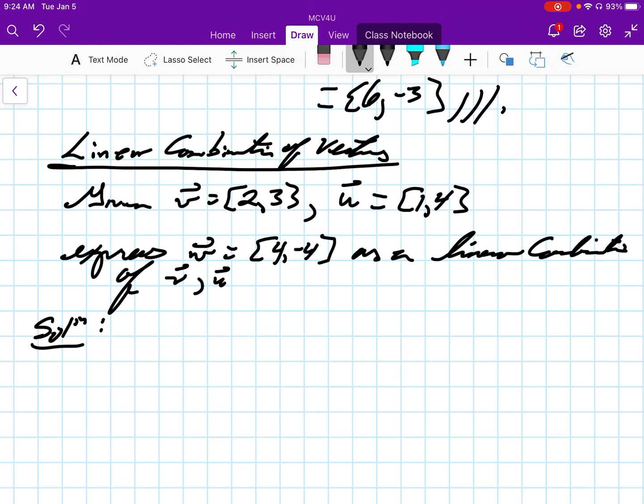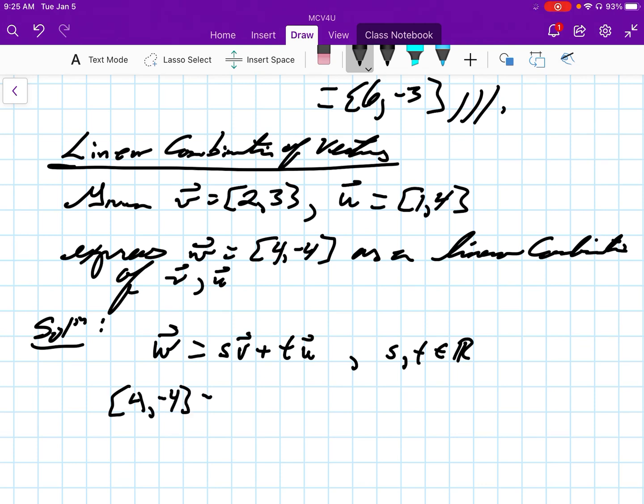So we can say w is a linear combination of v and u, and s and t are just some scalars. We don't know what they are, we just have to figure it out. So we substitute w with the components that we know, and do the same for v and u.